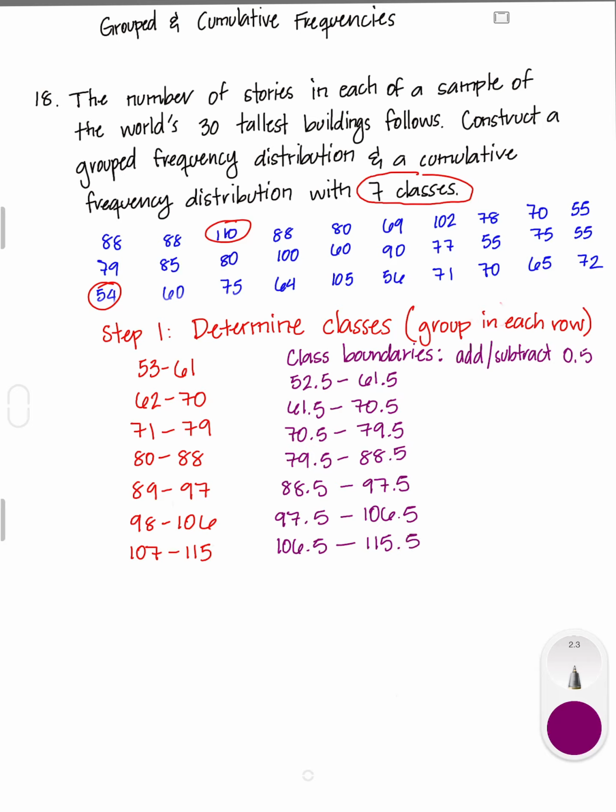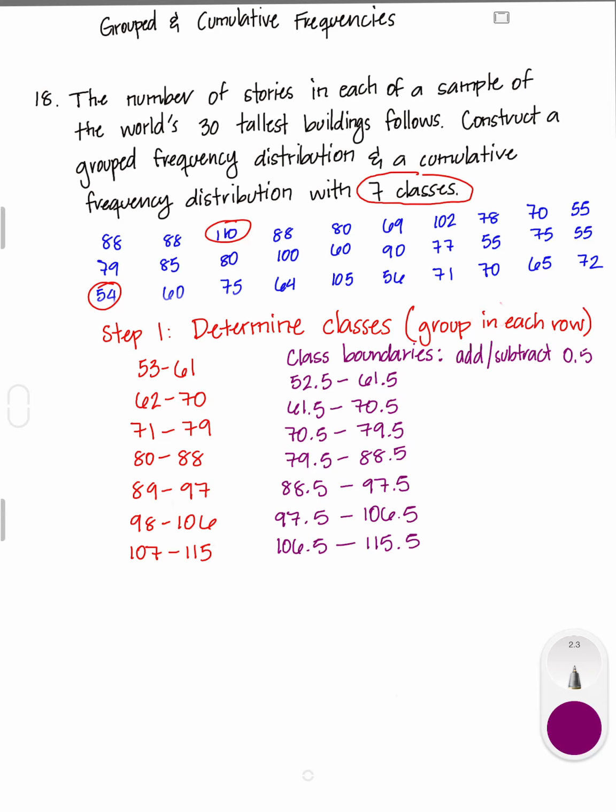So our class boundaries basically cover every single value of the data, even decimals are included. Our classes do not contain the same values. For instance, 61 is only in the first class and not in the second one. The second one starts at 62.